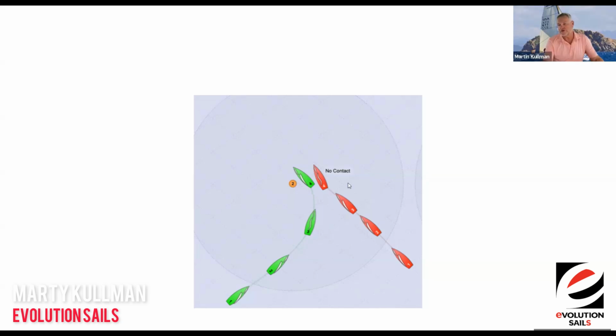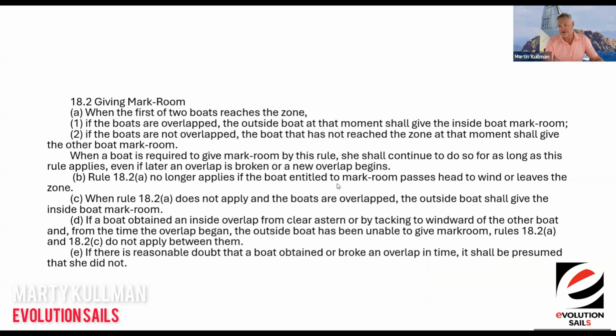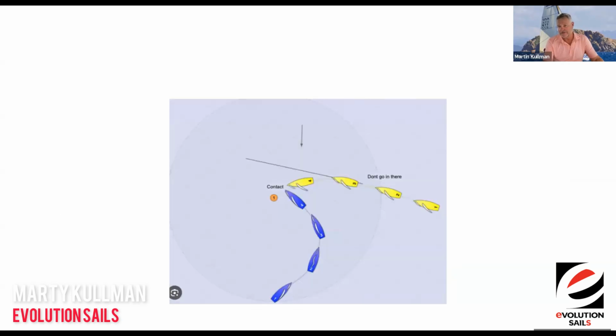So this is where people misunderstand, right? So this one here, yellow's really reaching in, and as long as blue tacks and yellow does not have to alter course until blue finishes tacking, it's going to be fine.